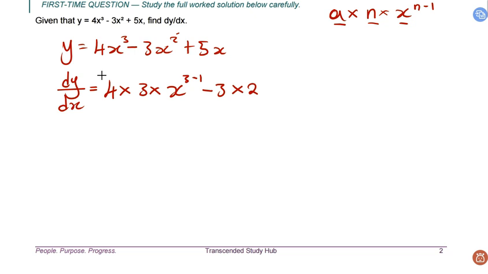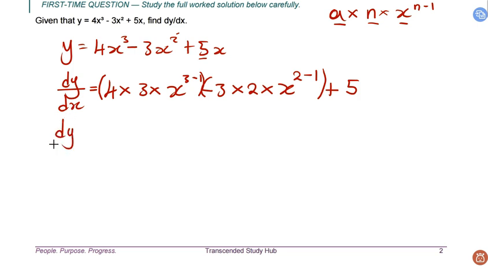If you may not be too smart, what you can do is just include the brackets here so that you don't mess up with the work. So here to be negative 3 times 2, and then you say multiplied by x to the power 2 minus a 1 there, plus here we already agreed that if it is a coefficient and a variable, just get the coefficient. In that case it will be just a 5 there, and then you know that these are in brackets so that you don't interfere with them.